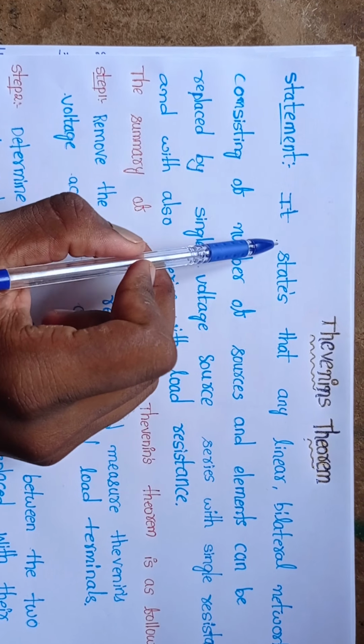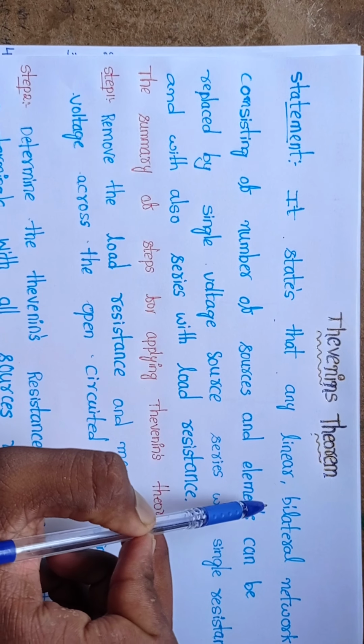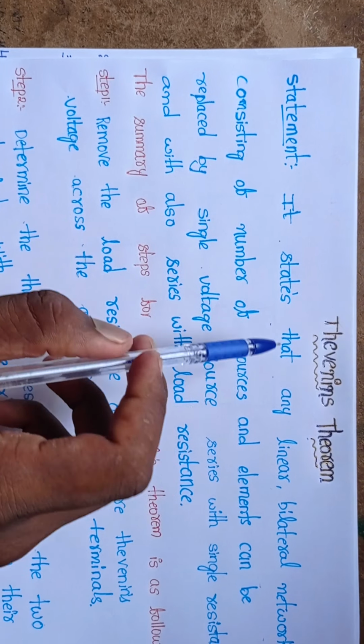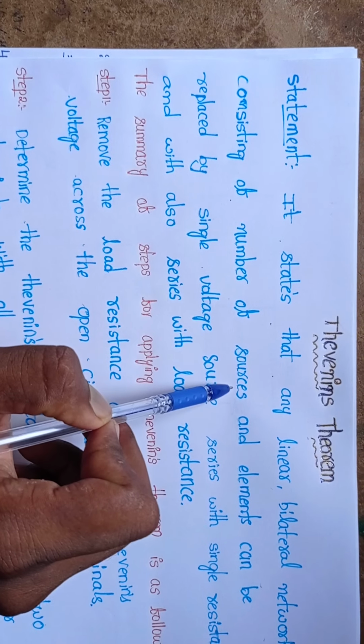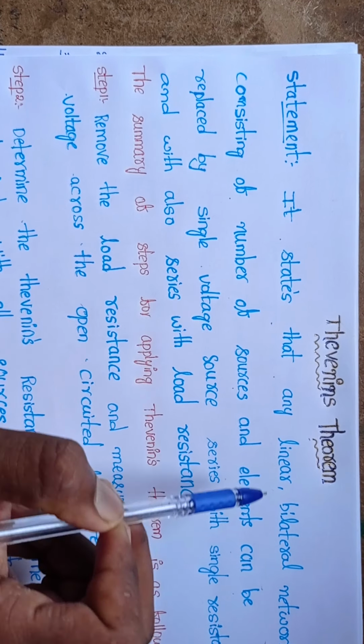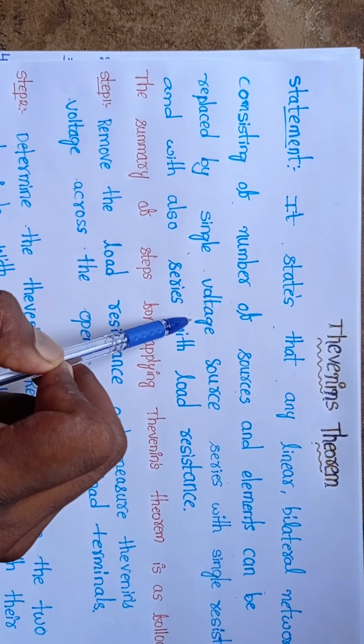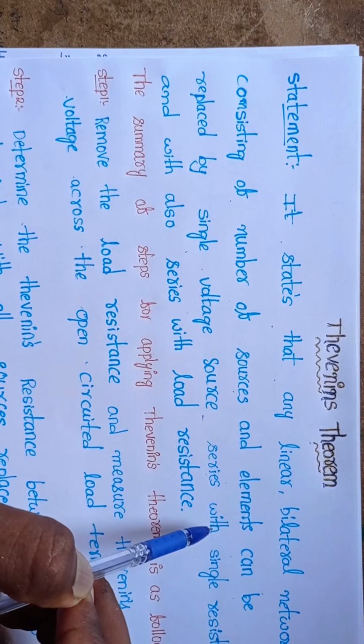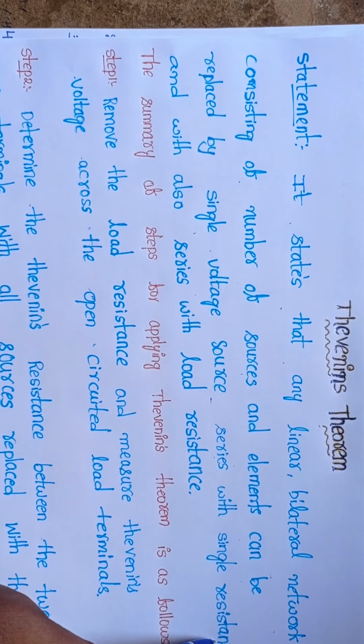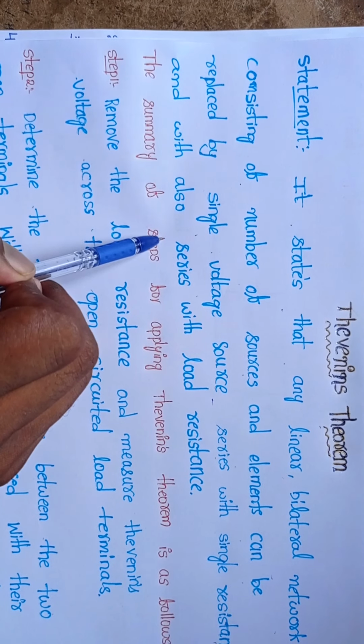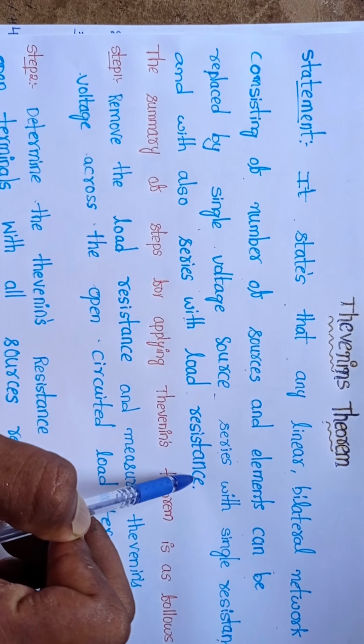It states that any linear bilateral network consisting of a number of sources and elements can be replaced by a single voltage source in series with a single resistance and also in series with the load resistance.